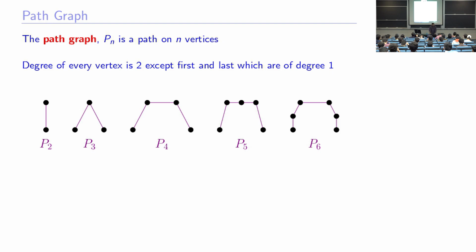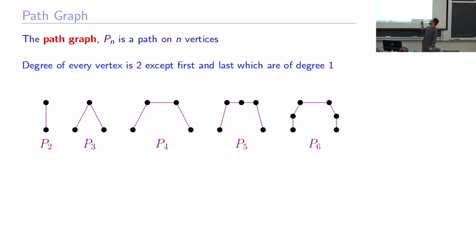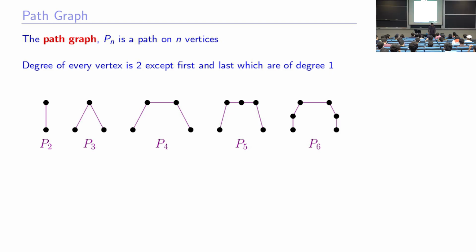How many ones will be there in the row corresponding to the first vertex? 1. How many ones will be there in the row corresponding to the second vertex? 2, right?